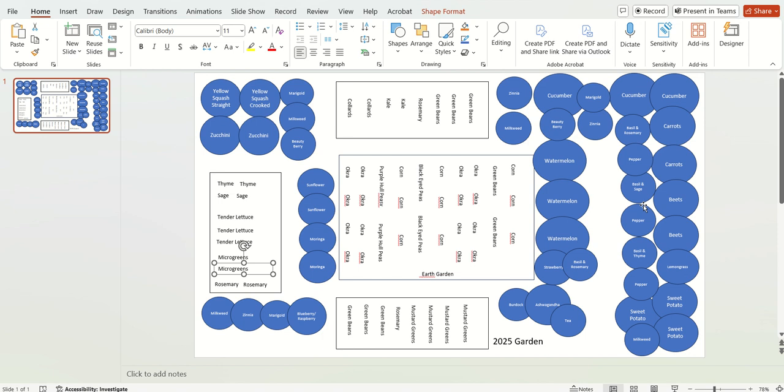So before you get to this level of understanding what you can put next to what, definitely do some research on companion planting, how to naturally repel pests, and also soil pH.